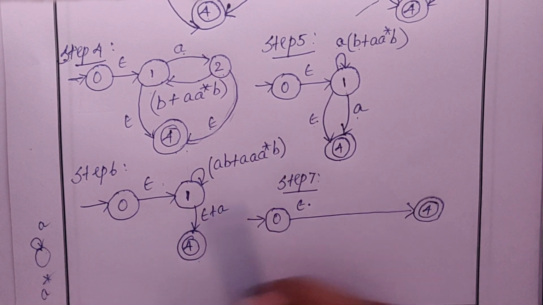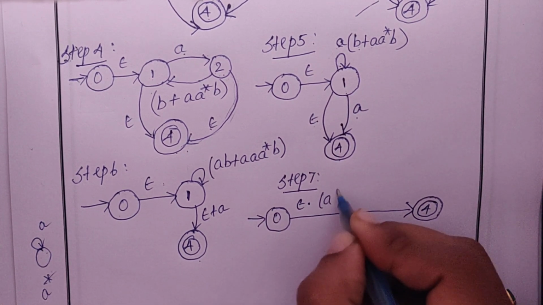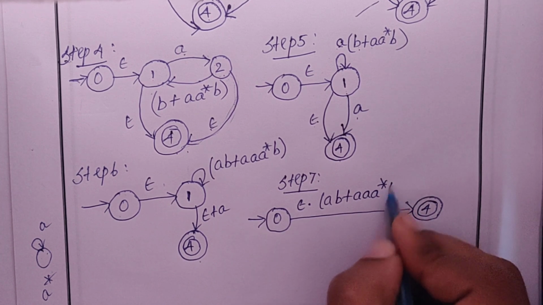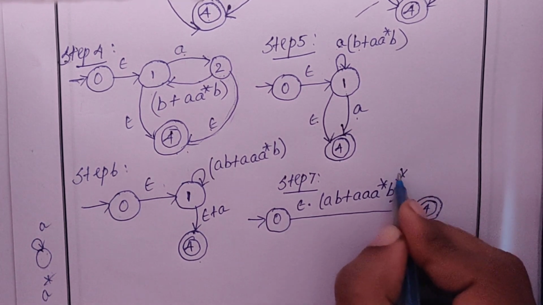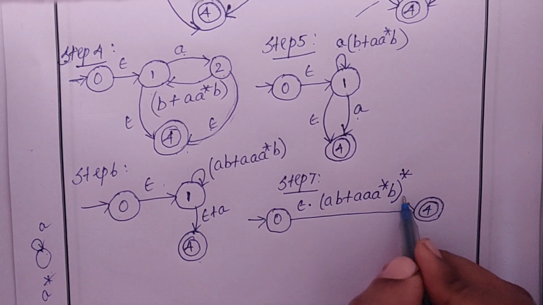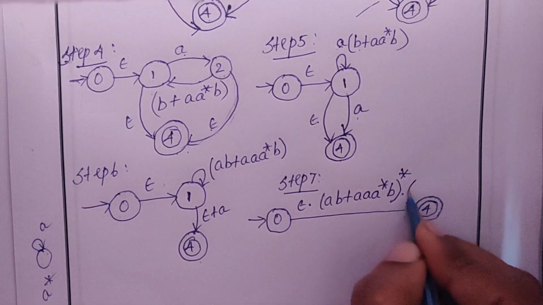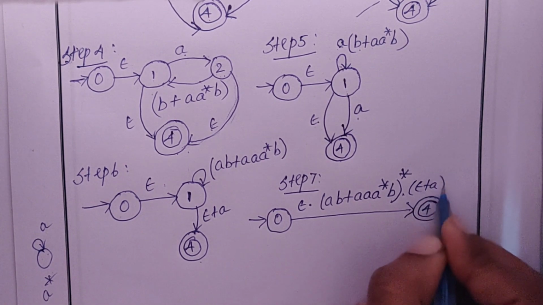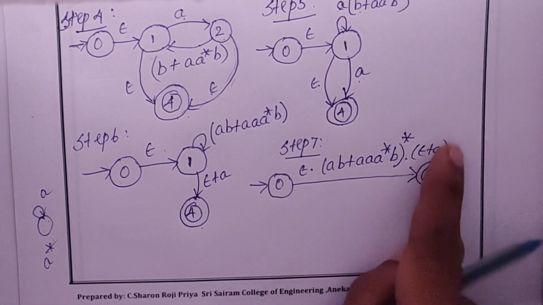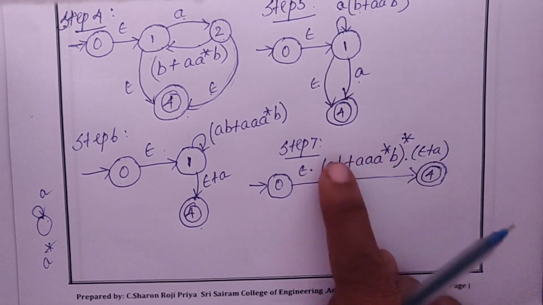Remember this, right? So it is AB plus A star B the whole star, right? Again this dot operator, concatenation, epsilon plus A. Right, so epsilon concatenated with the whole thing, it is this one.